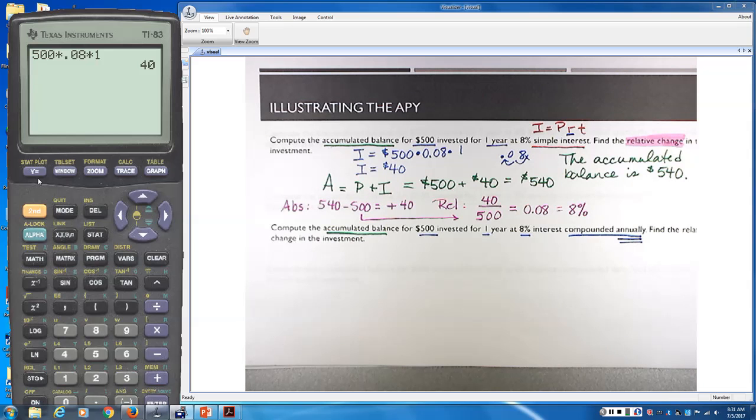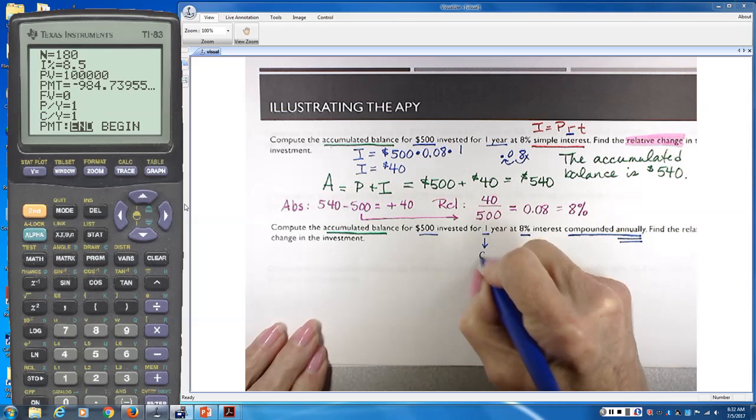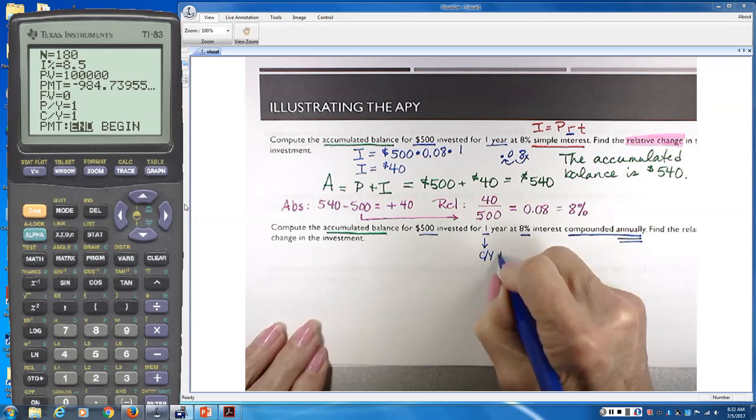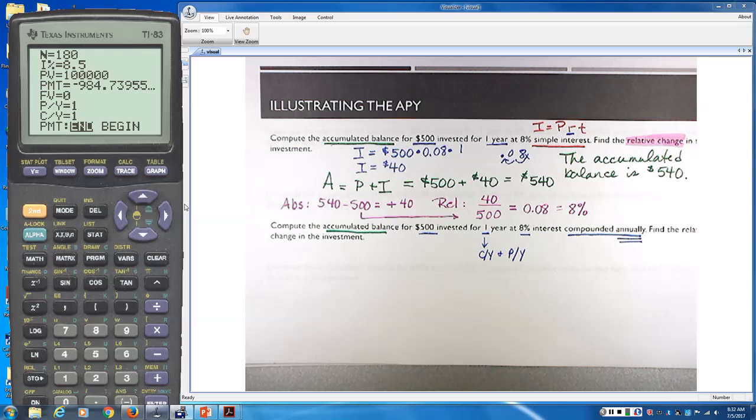We're going to go get the TVM solver, which on this calculator is second x to the -1 to get to finance. Select the TVM solver, and the number of payments per year and compoundings per year is going to both be 1. So that's the value of C/Y and P/Y.